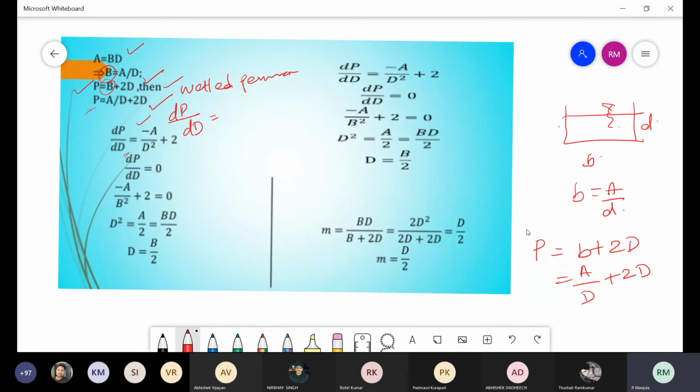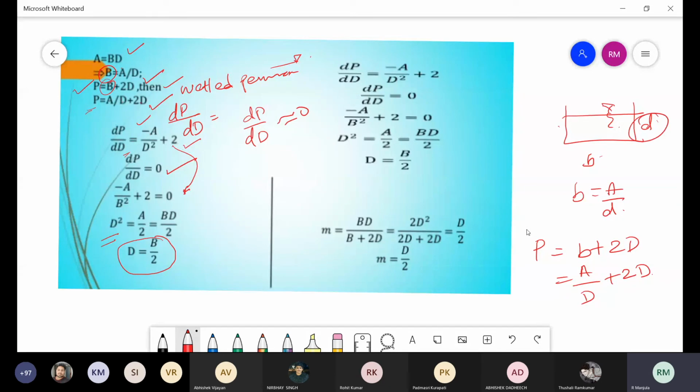For the wetted perimeter to be minimum, dP by dD should be equal to 0. Equating this to 0, I get D square is equal to A by 2, which is BD by 2, or D is equal to B by 2.